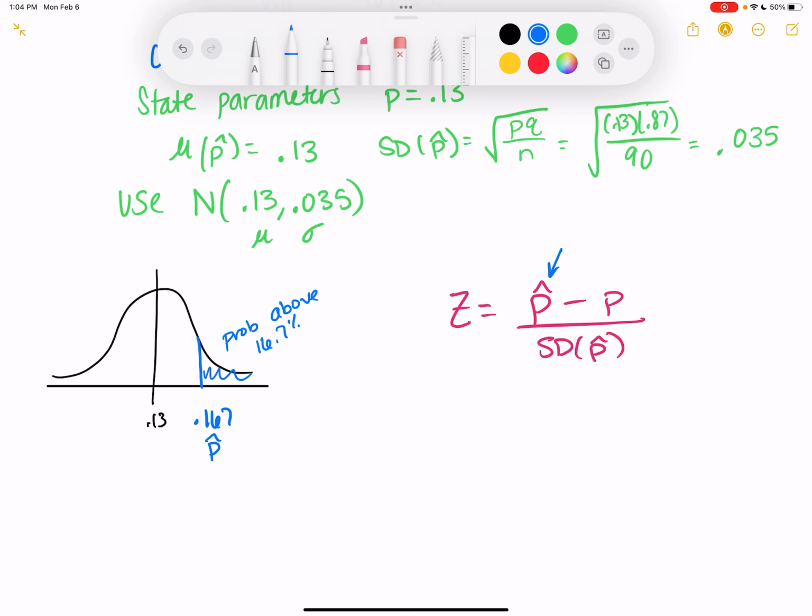P hat is the observed, so in my case, that's going to be the 15 over 90 number. P is expected, which was 13%. And then the standard deviation is the square root of PQ over N.